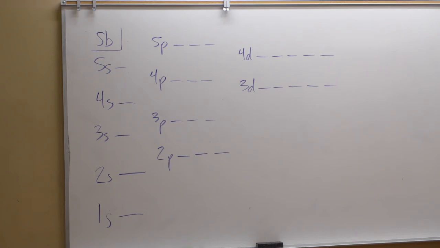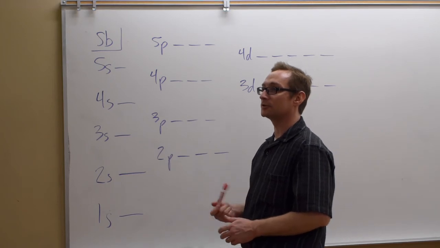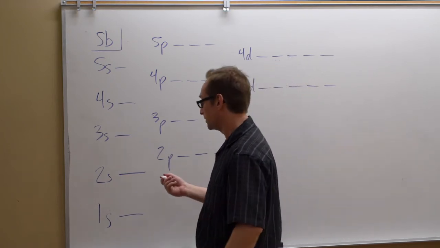Alright, so filling this in, antimony has how many electrons in it for a neutral atom? 51, right? So I'm going to fill 51 electrons in here.